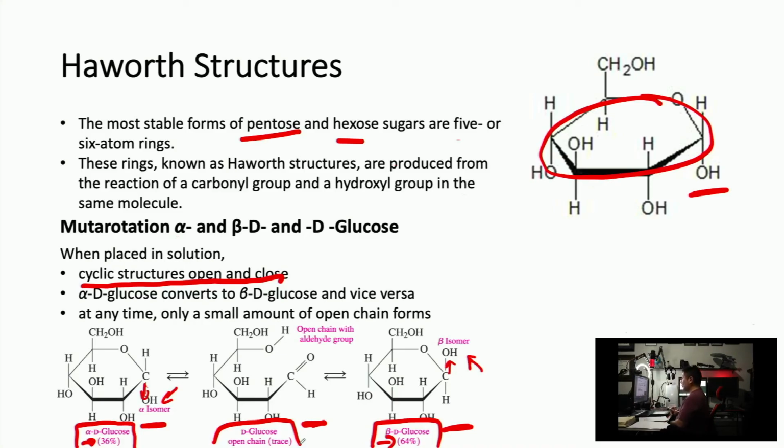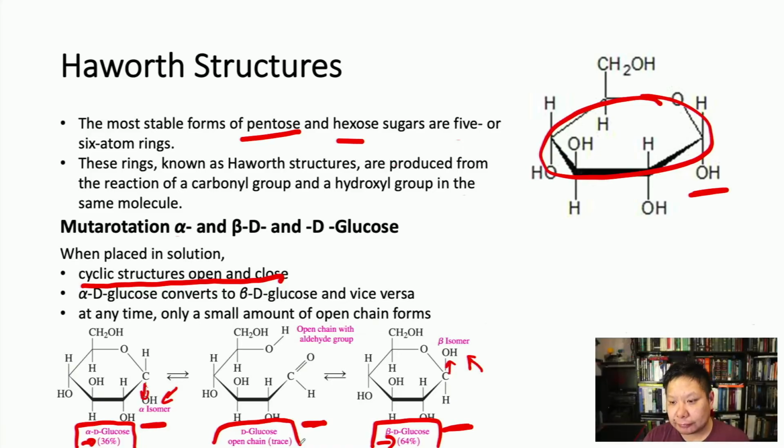And remember, the reason why is because the open chain version is just not very stable. They prefer to be in their closed chain form, right? And so a Haworth structure is a straight chain sugar that has been cyclized.